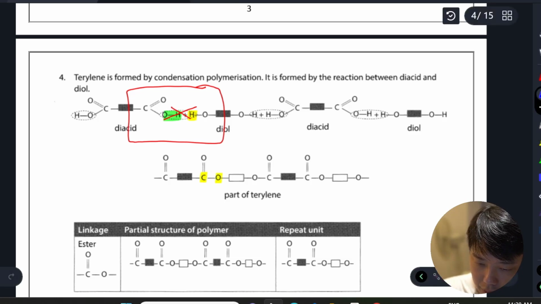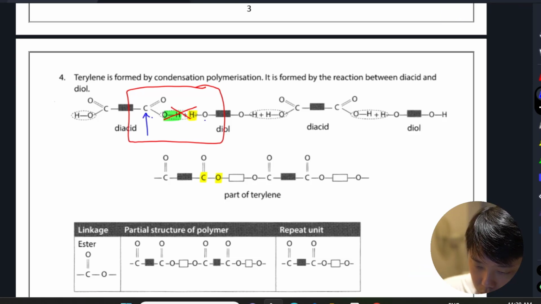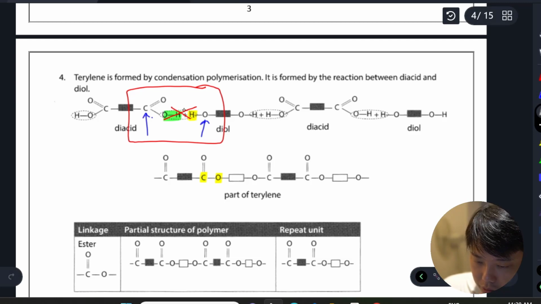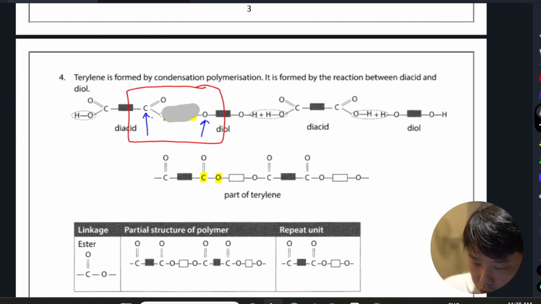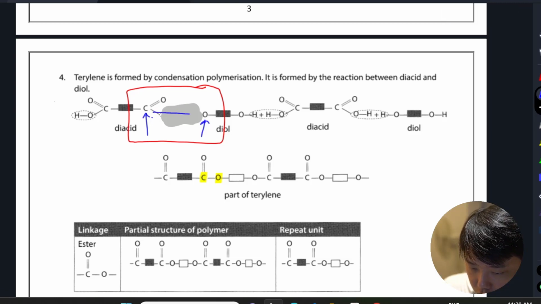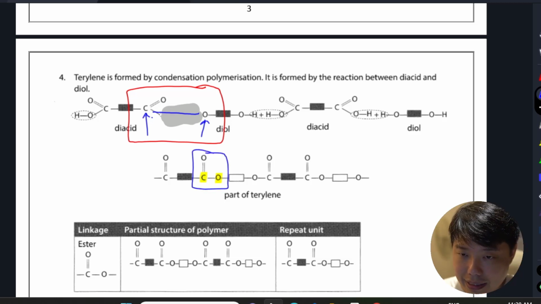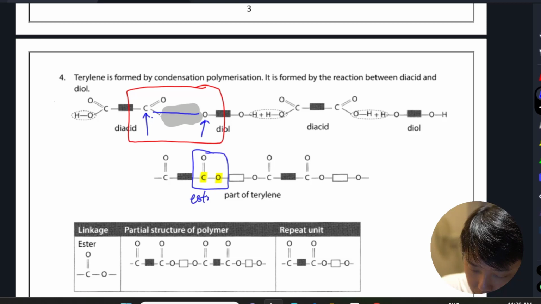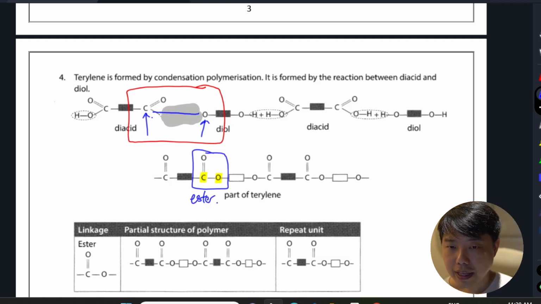We take out these 2 in the middle, eliminate the water, and then we form a new bond from carbon straight to oxygen. So here you have what is called an ester linkage.